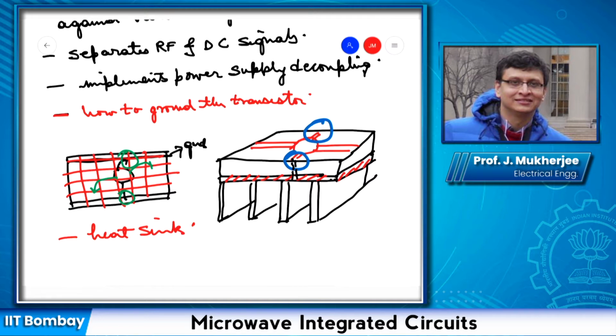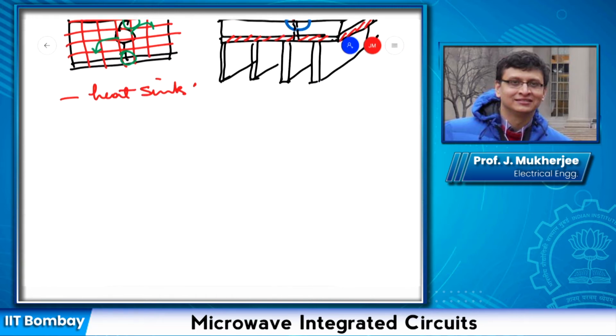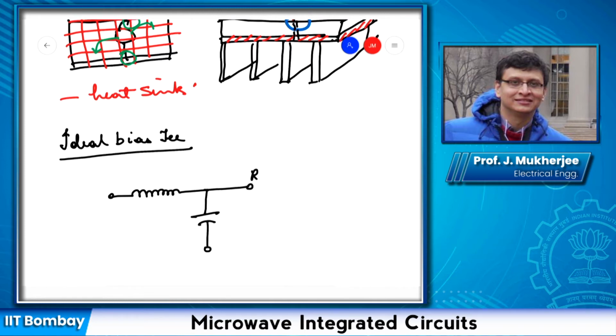Now, what is the schematic circuit of an ideal bias T? So this is the schematic of an ideal bias T. What it means is that we have a very high capacitor and a very high inductor value. If the inductance value is very high, it will allow only DC to pass.